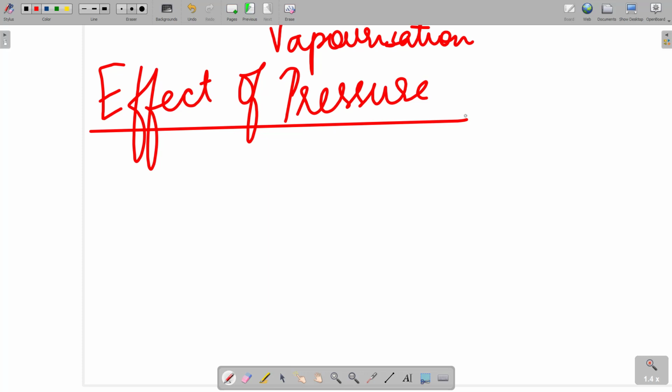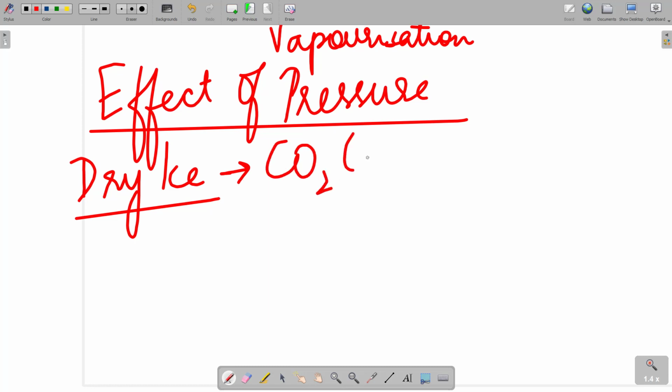So इसका सबसे अच्छा example हम देखते हैं dry ice. Dry ice है क्या? कार्बन डाइऑक्साइड जब solid form में होती है, so that is when it is called as dry ice, right? तो हुआ क्या है?